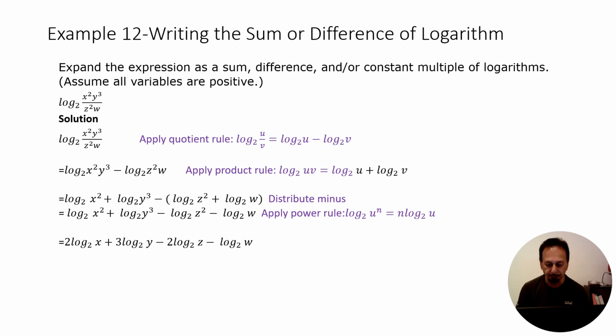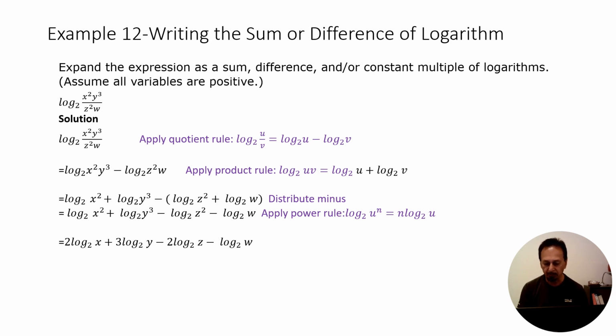Now, since inside the log this is an exponential, x squared, I apply the power rule, so I rewrite it as 2 log of x base 2. Then plus log of y cubed: apply the rule again, bring the 3 down and multiply log of y base 2. Then z squared is again an exponent, so apply the power rule, bring the power down in front of the log, and write log of z base 2.